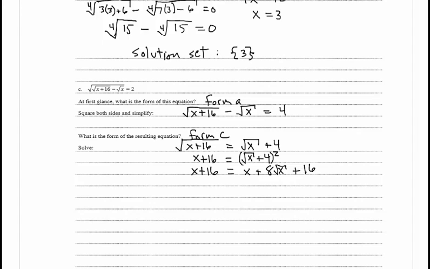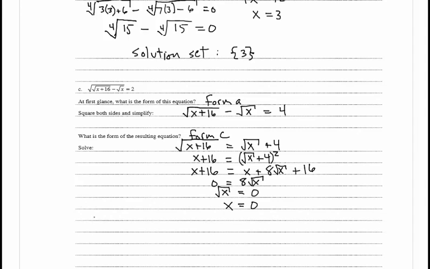And now I'm going to subtract 16 from both sides, and I'm going to subtract x from both sides, and I'm left with 0 is equal to 8 square root of x. And now if we divide both sides by 8, we get the square root of x is equal to 0. And if we were to square both sides, we would end up with x is equal to 0.